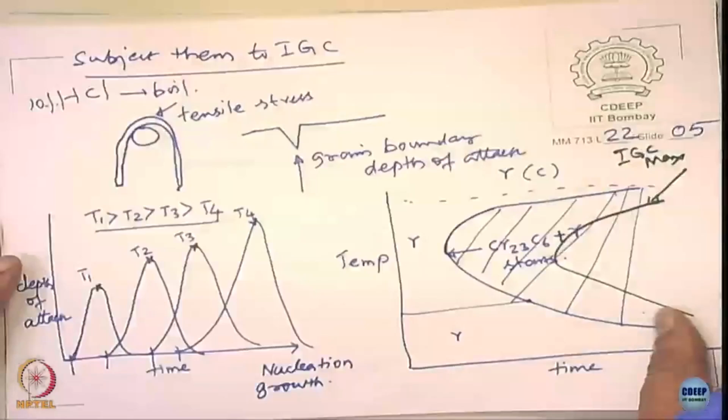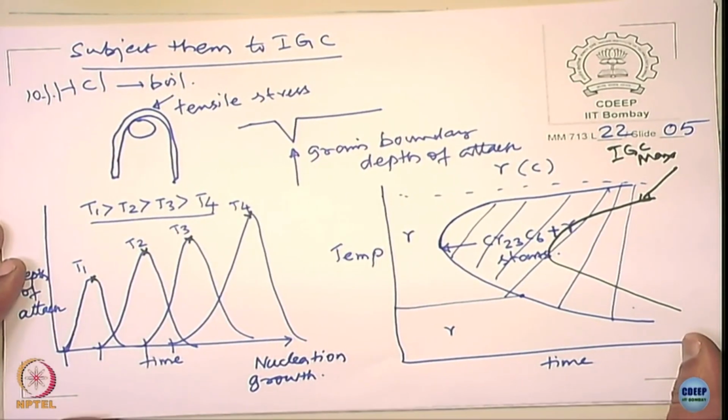So, it is the diffusion kinetics that are responsible for the chromium carbide formation at the grain boundary and the consequent chromium depletion around the grain boundaries.